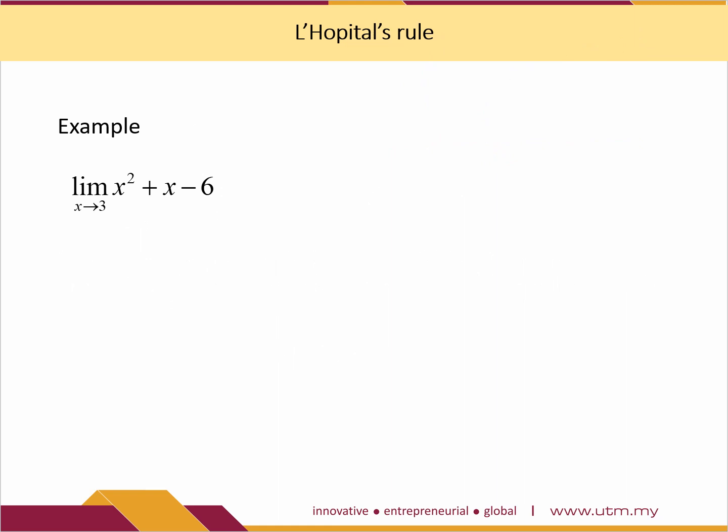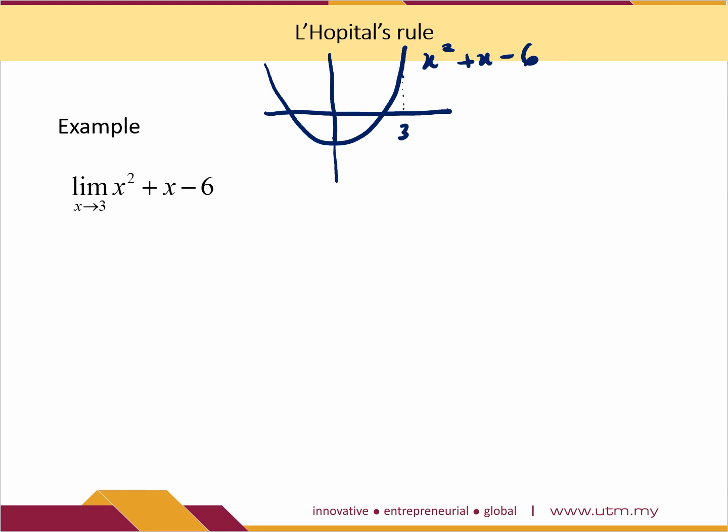Now let's say we have this example, given that the function is x squared plus x minus 6. If we try to plot this, it will be something like this graph. We want to find the limit of x squared plus x minus 6 as x approaches 3.